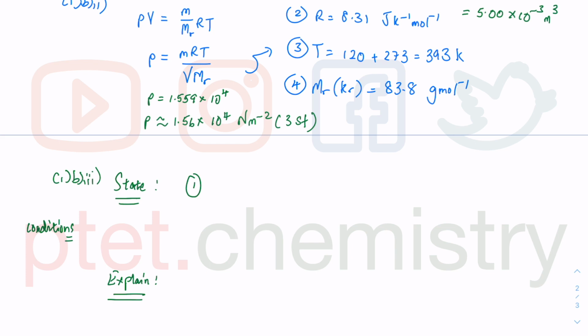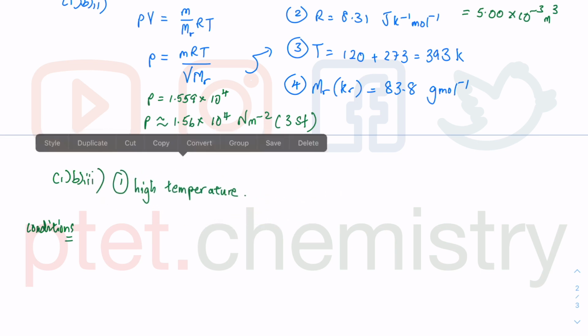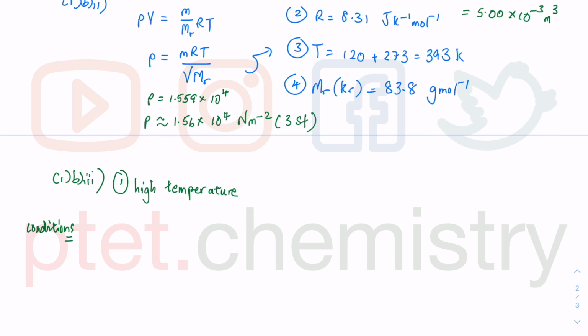First of all, it's going to be high temperature where it will be ideal, and I think what I'll do is I will state and explain in the same sentence because it's a lot easier if I just explain the temperature straight away. At a high temperature, the krypton atoms have much more kinetic energy because they will move a lot faster at a higher temperature.